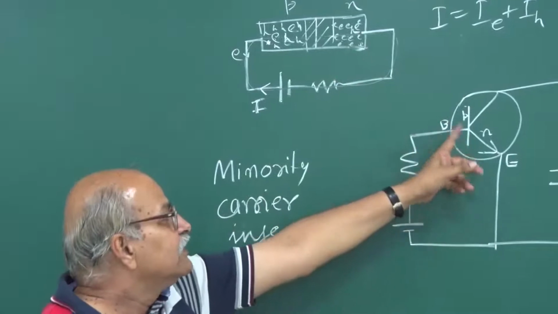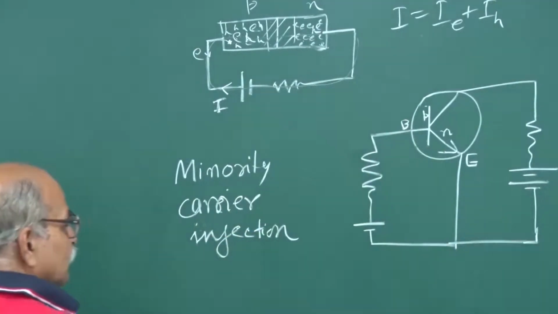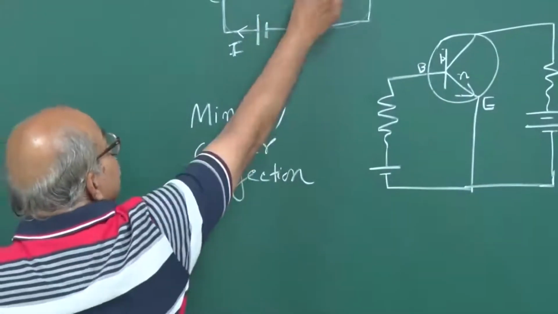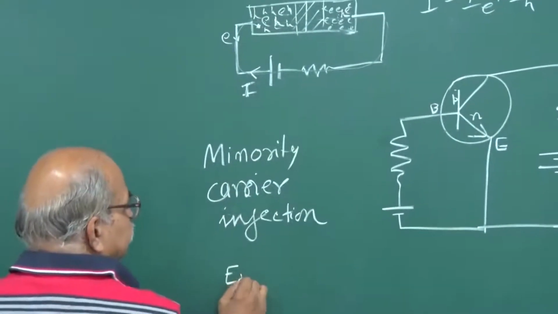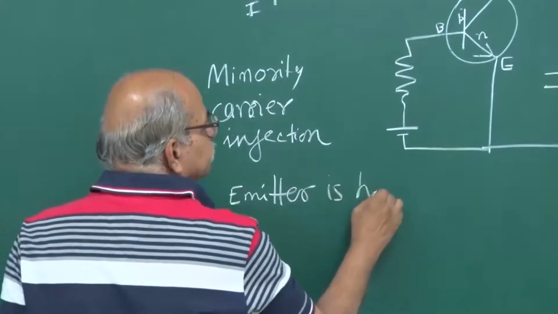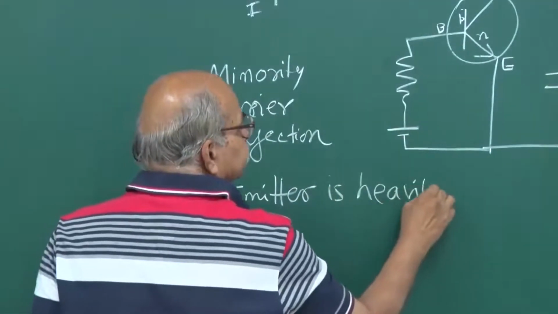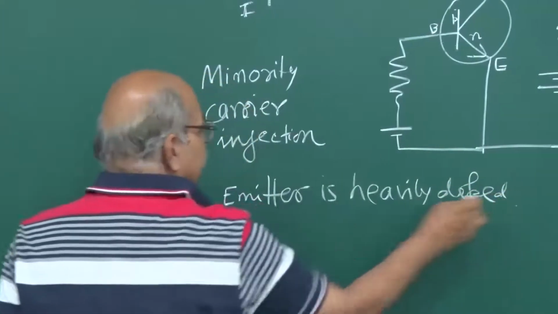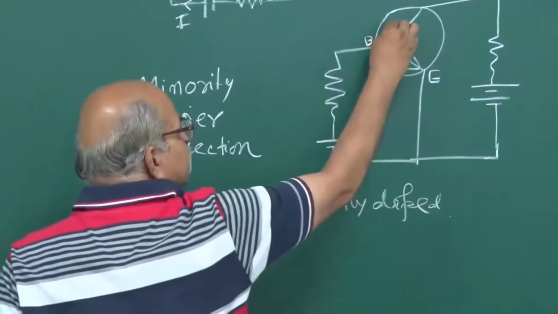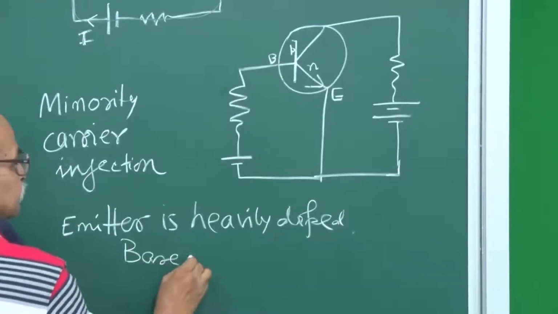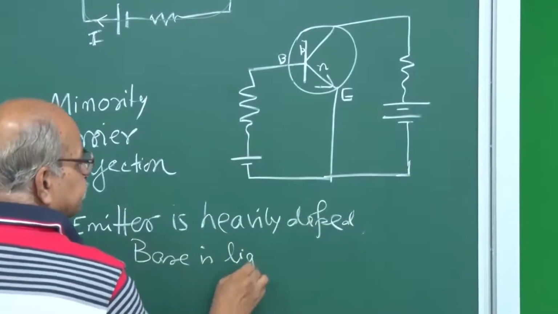Here the extra things are, one, this emitter, this N-type, is heavily doped. This is one. And this P here, this base, is lightly doped. This is one thing.